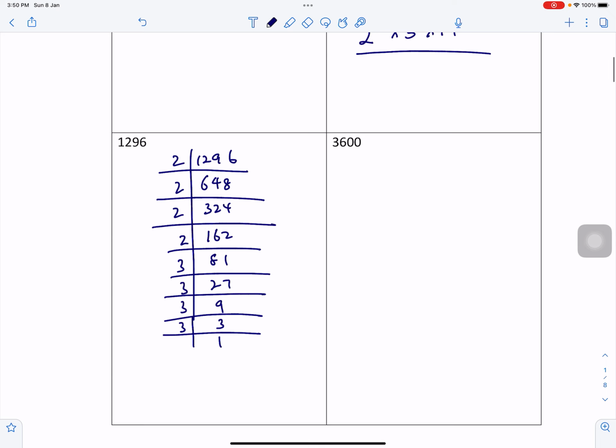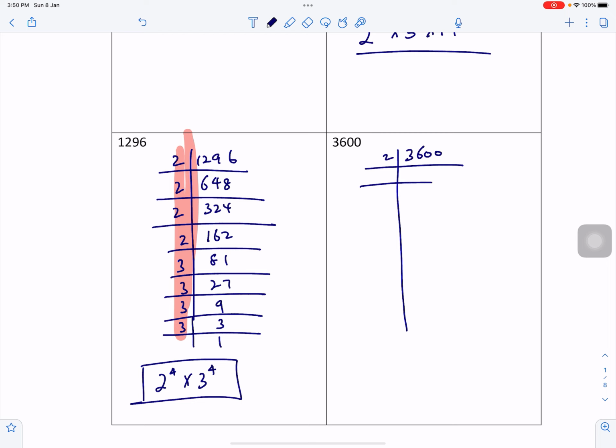So the index notation is 2 to the power of 4 multiplied by 3 to the power of 4. How do I get the index notation? By looking at all the factors over here. It is a multiplication of all the factors. Let's take a look at the next one.